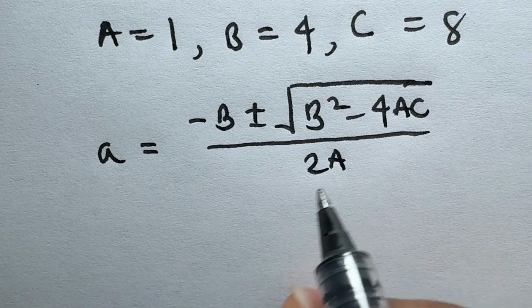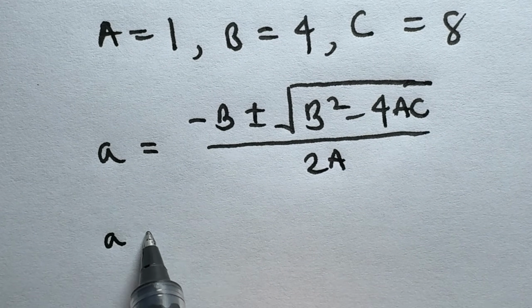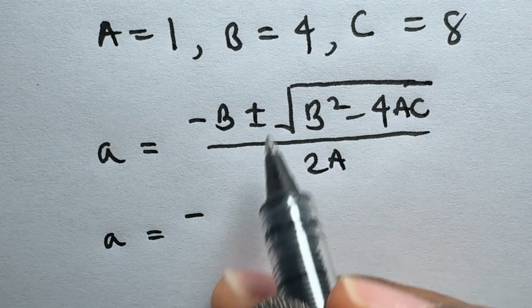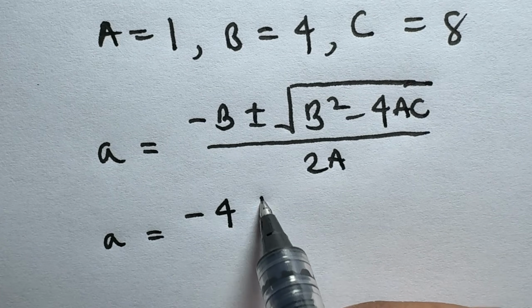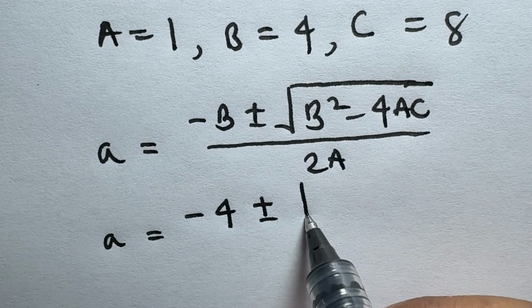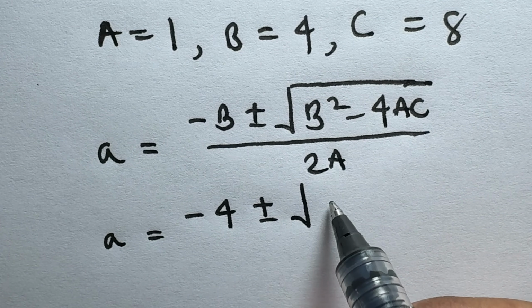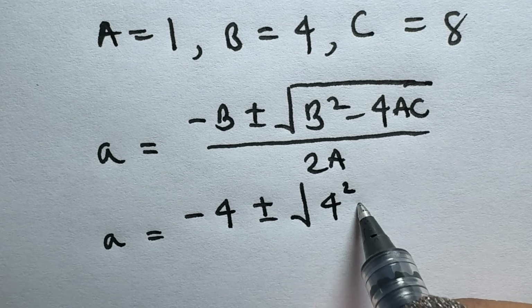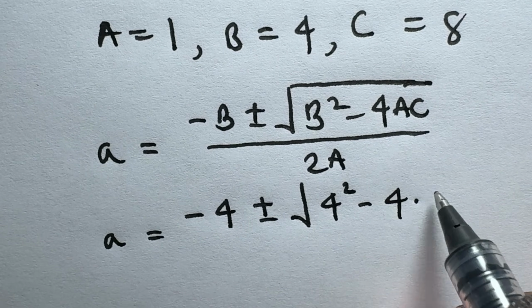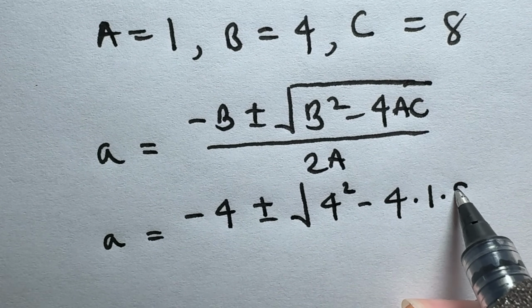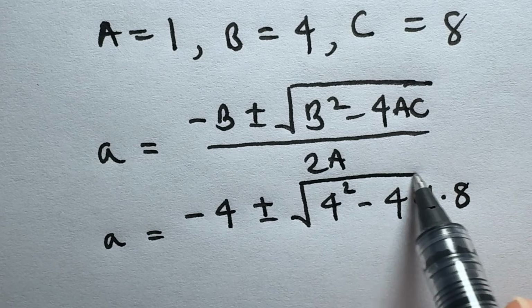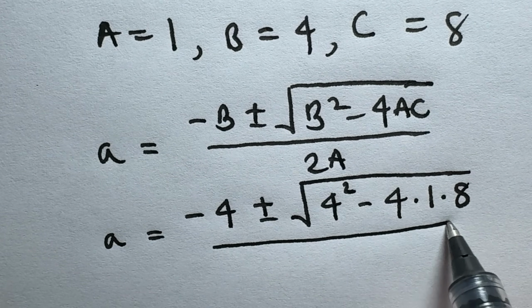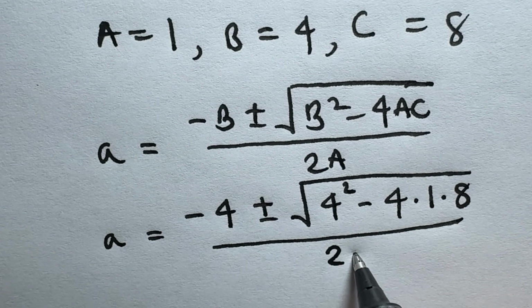We just plug into this formula to give us a is equal to negative b, which is negative 4, plus or minus the square root of 4^2 minus 4 times 1 times 8, divided by 2 times 1.